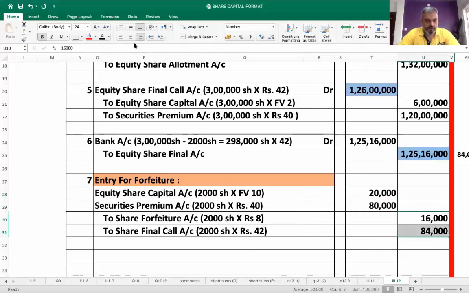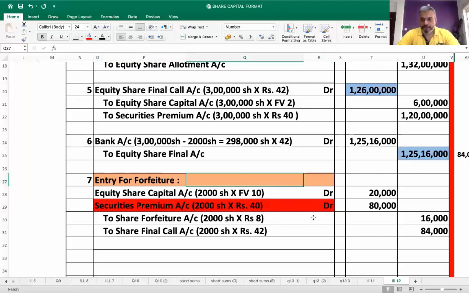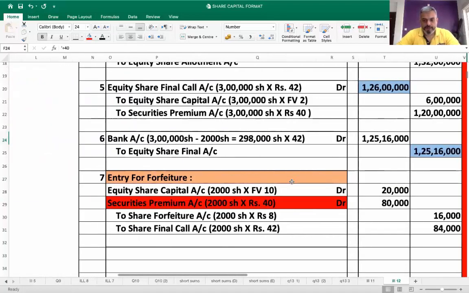Your debit should always be equal to credit. So this is the entry for forfeiture. Please be careful. Your securities premium account we are going to debit, because we did not receive this premium of rupees 40.